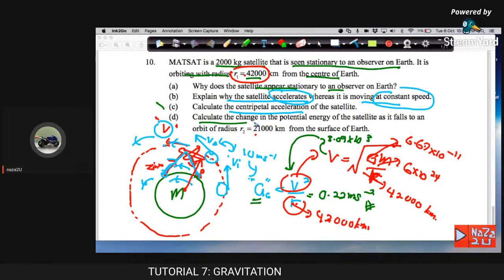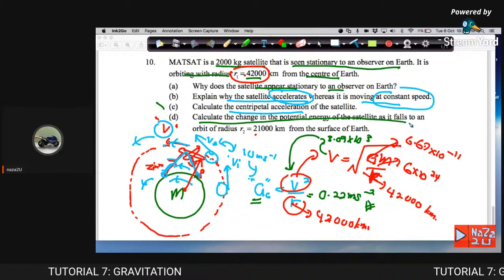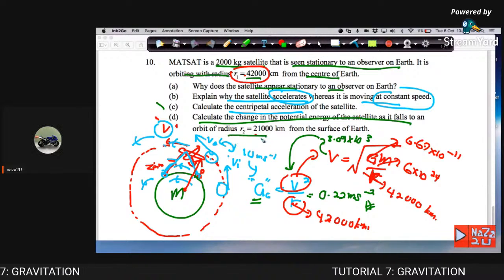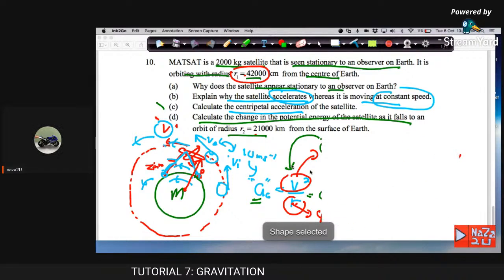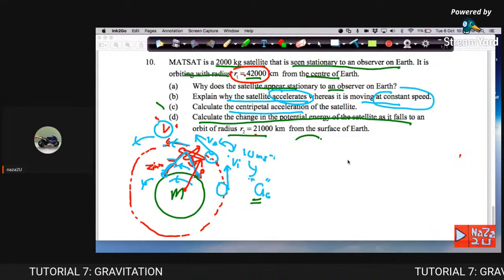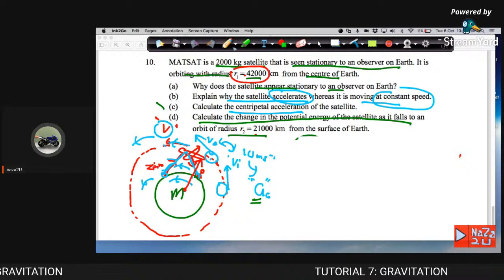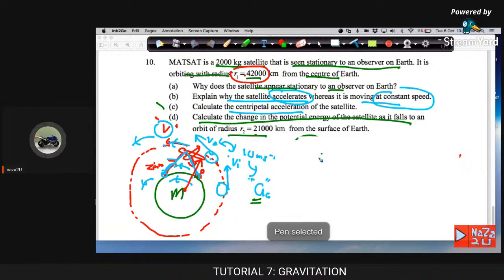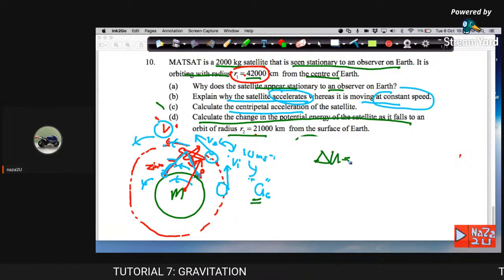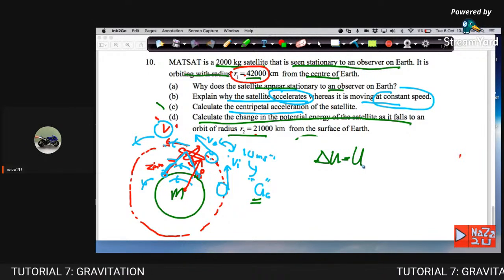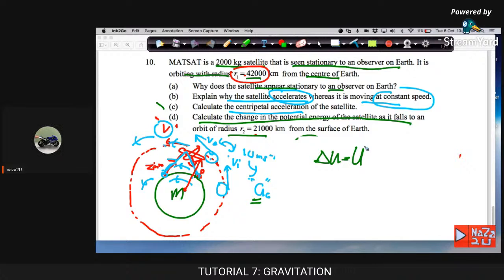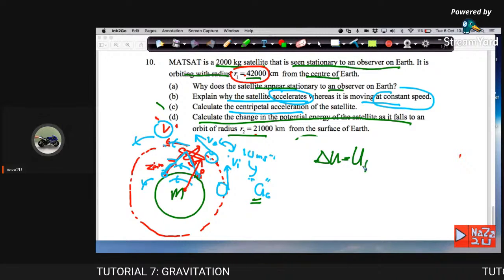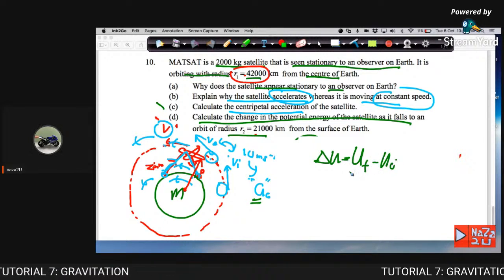Number D, calculate change in the potential energy as the satellite falls into radius. Okay. So potential energy, as you know, the change of potential energy is equal to potential energy final minus potential energy initial.